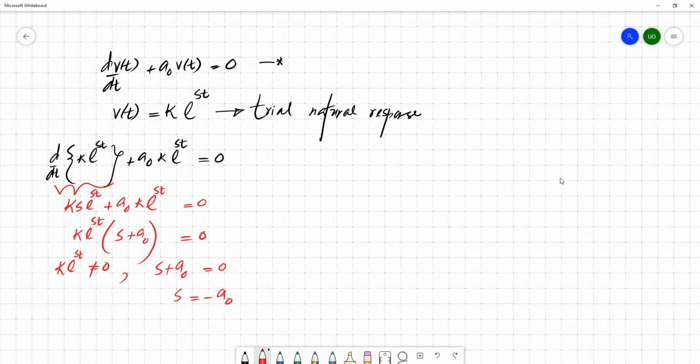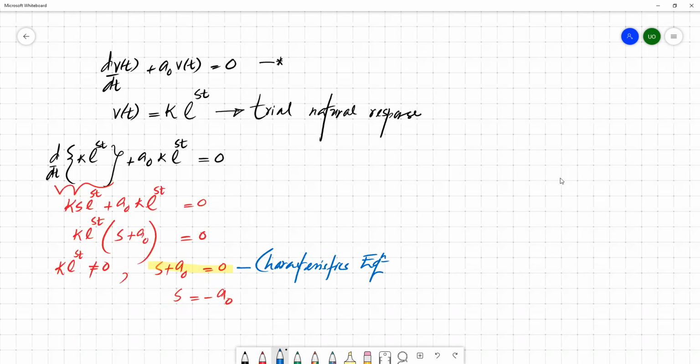Okay, so what I want to highlight here is this expression: s plus a0 equals 0. This is known as the characteristic equation of this differential equation.